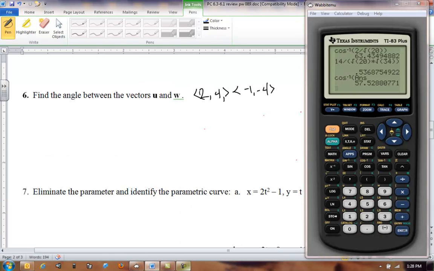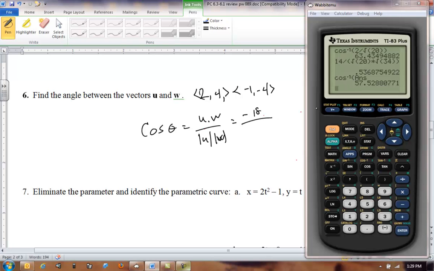Next one, same thing. 2, 4, negative 1, negative 4. It's the cosine of the angle equals u dot v over magnitude u times magnitude v. Even though you're looking at u and w, it doesn't matter, make that a w if you want. The formula is the same, so dot product, negative 2 plus negative 16 is negative 18.